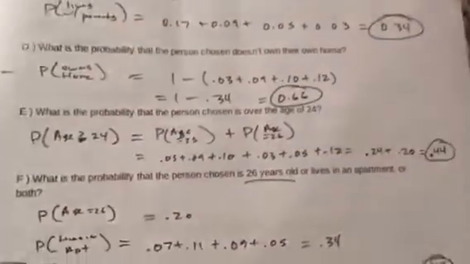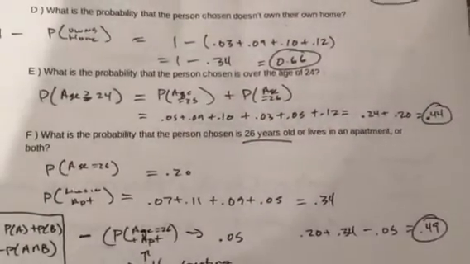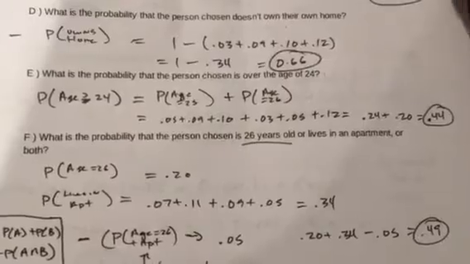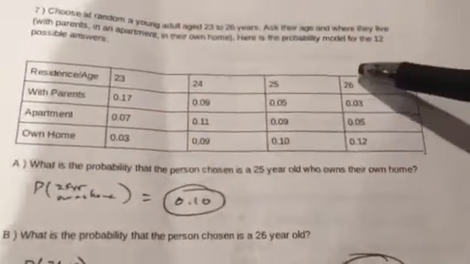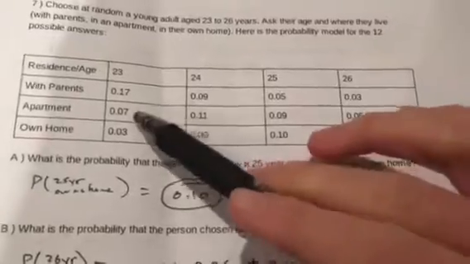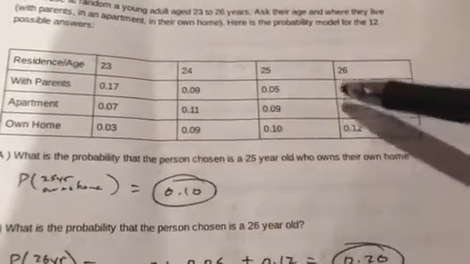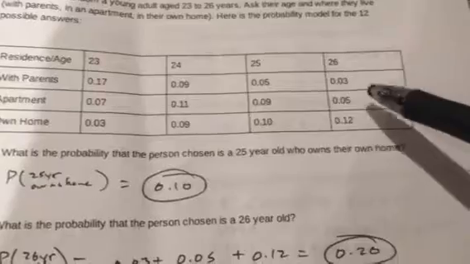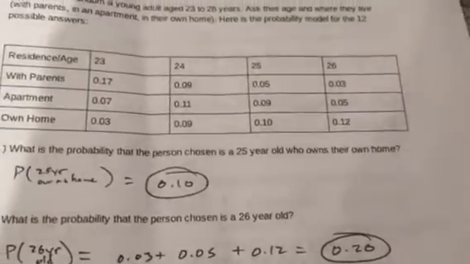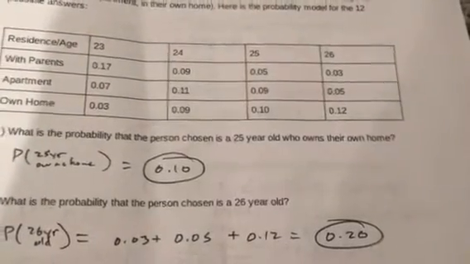What is the probability that the person chosen is 26 years old or lives in an apartment, or both? So what we're really doing is we're taking that column and adding it to that row. But I notice when I do this plus this, I'm going to overcount that intersection. I'm going to overcount the 26-year-old who lives in an apartment.